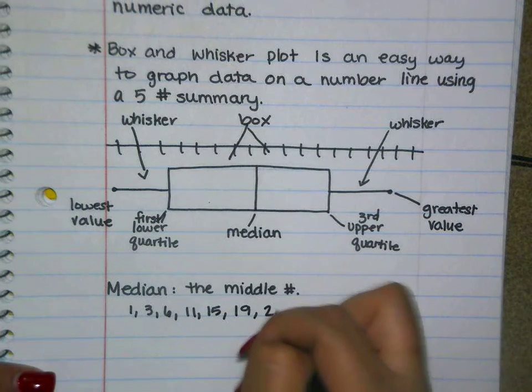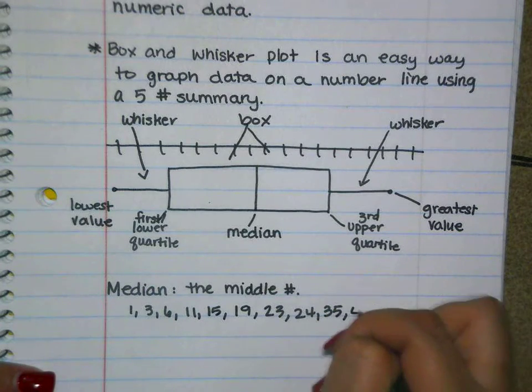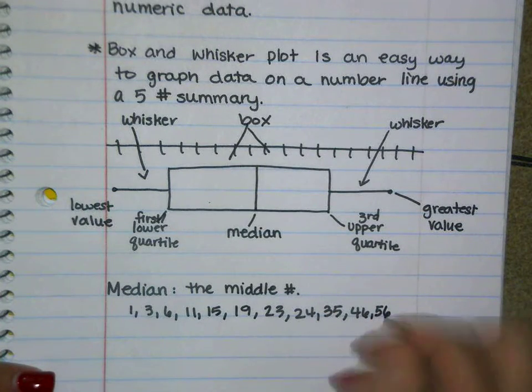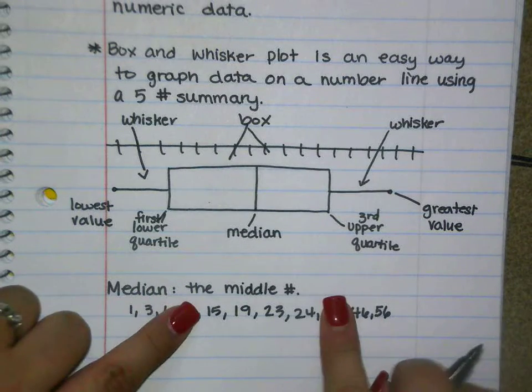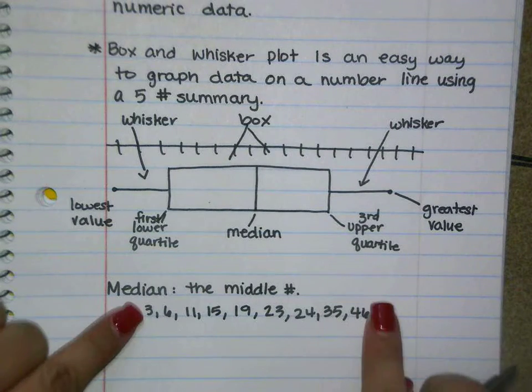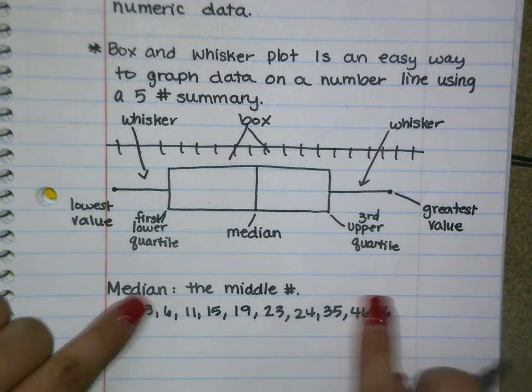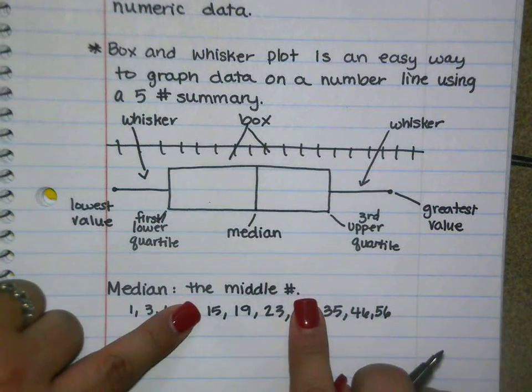And then we find the middle one. 1, 2, 3, 4. This is an odd number, so that would be perfectly in the middle. So this will be the median of this data set.